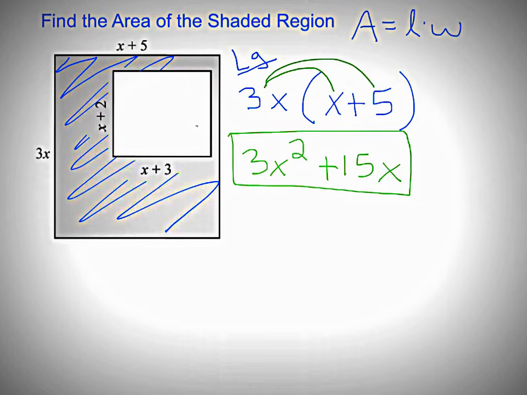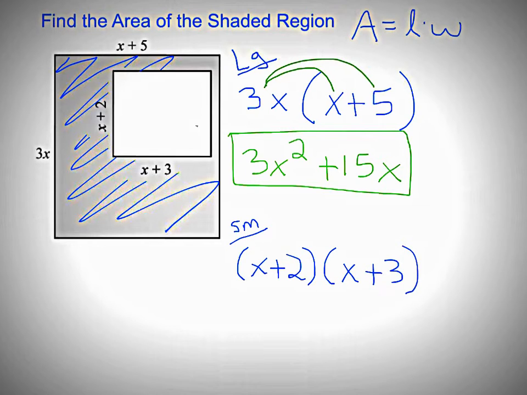And now for the small rectangle, we're multiplying two binomials together. X plus 2 times x plus 3. So let's use the FOIL method. We're going to multiply first. X times x is x squared.